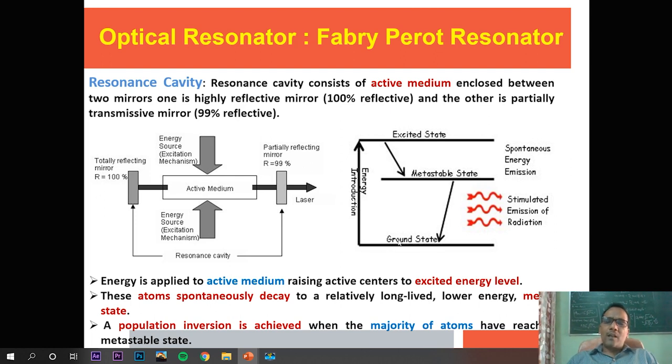At the ground state, when we give energy, the atoms excite to higher energy levels by absorption transition, and at the metastable level the atoms are accumulated through a non-radiative transition. The population inversion condition is maintained between the ground state and the metastable levels, and all these phenomena are inside this transparent box.